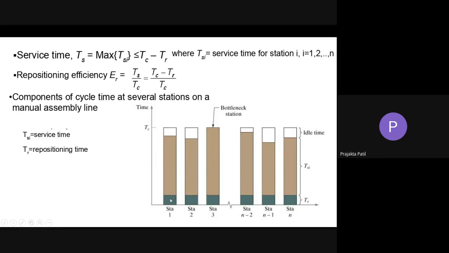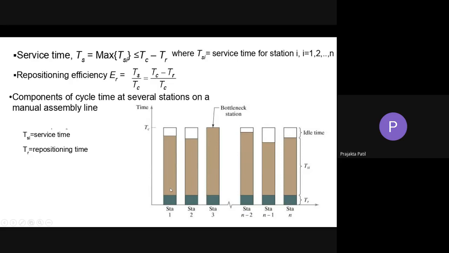This much time is spent in repositioning, and then this brown part that you see is the actual service time. But then there has to be some idle time, because the cycle time is decided by the bottleneck station. This bottleneck station will not have any idle time. It is the slowest station, so based on that, the cycle time at every other station is going to be decided.